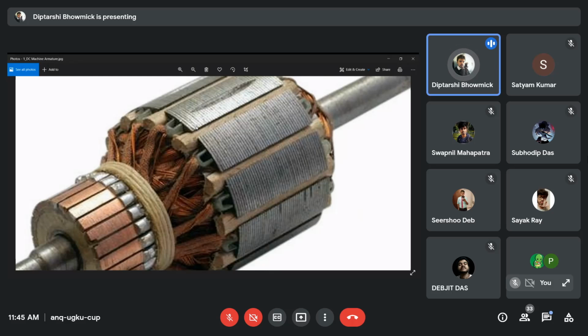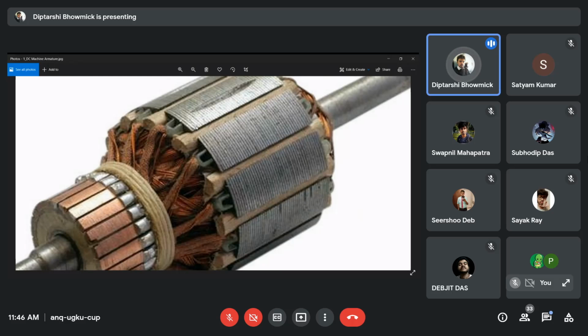So when the rotor rotates, the centrifugal force is also applied on the conductors, and it tries to move the conductors away from the center. That means it will try to tear the windings. So the wedges are placed over here so that the windings don't come out from the slot.